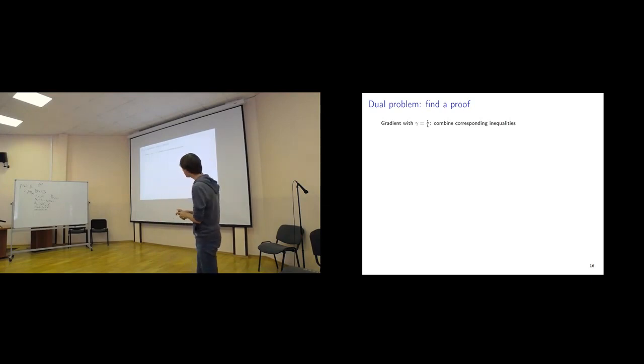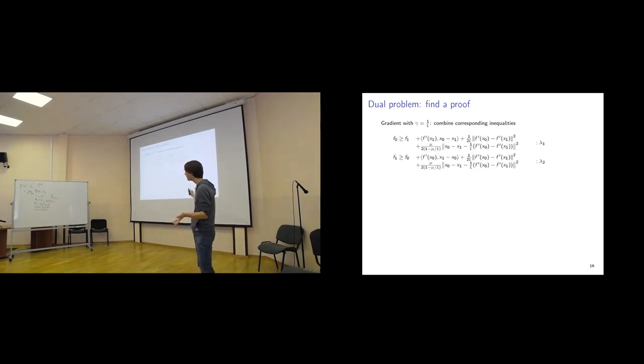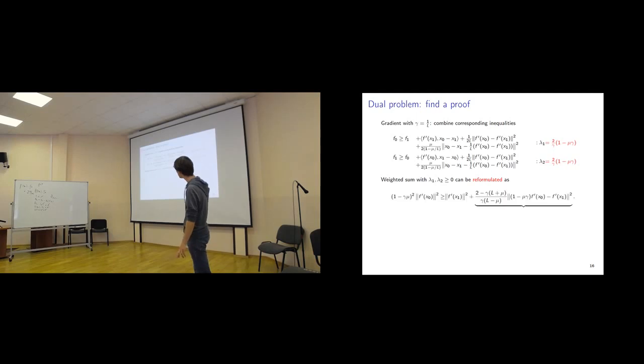So for that example, in order to prove the result from the first slide, you only need those two inequalities, and there exists a proof that only consists in summing them and reformulating this sum. So the proof can be as follows. You have to find the analytical solution to this, but that's for another part of the talk. Essentially, if you take that inequality times this thing, plus that inequality times this thing, you can reformulate it, and you'll have to trust me on that.